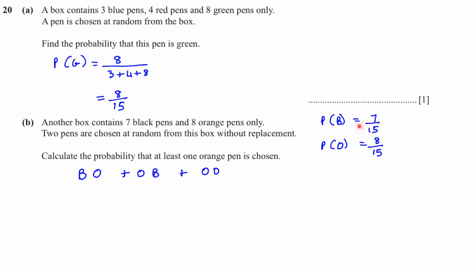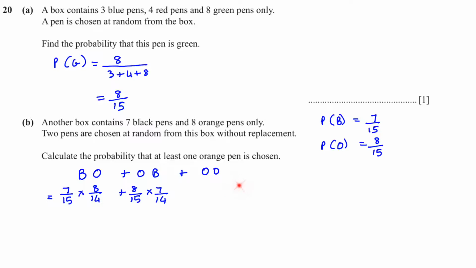But if I take 7 over 15 first, I take a black pen, the total number of pens is going to be less. So it's going to be 8 over 14. Then I will take an orange one, which is 8 over 15. Now my total number of pens has been reduced by 1, but my black pens are still the same, 7. So it's going to be 7 over 14.